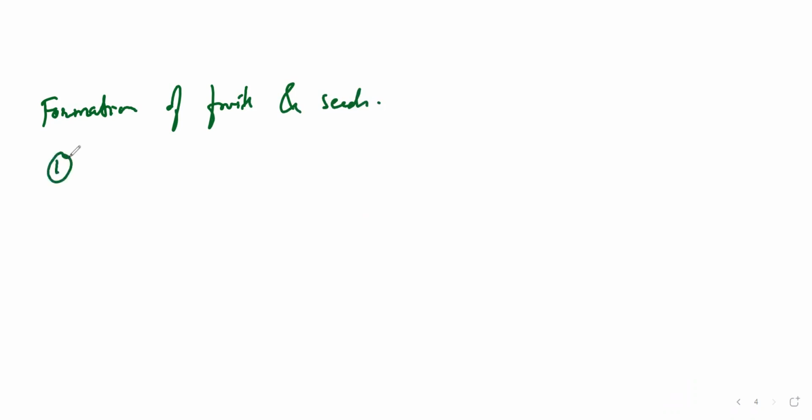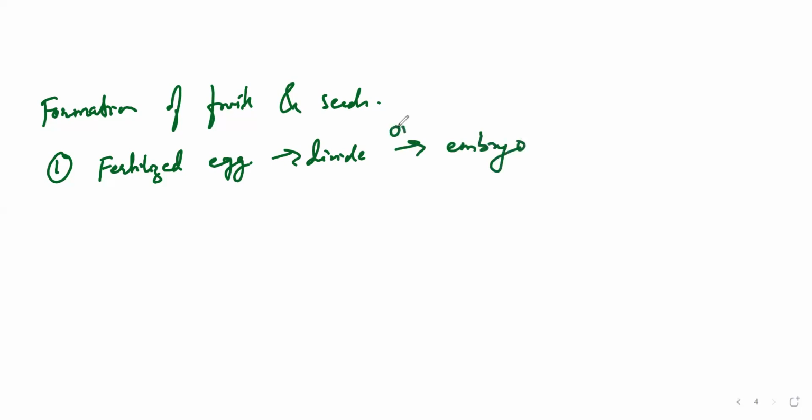Once this double fertilization, triple fusion happens, next comes the formation of fruits and seeds. So how does this formation of fruits and seeds take place? The first step is that the fertilized egg will divide several times and form an embryo within the ovule. Ovule is nothing but the seed.